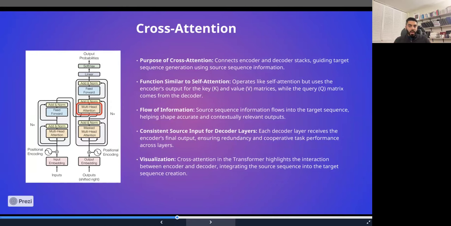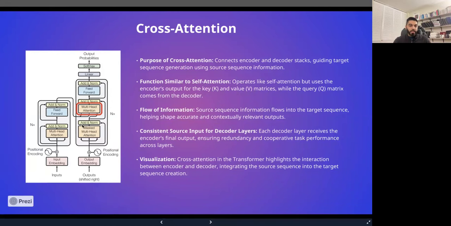So that is the entire guiding principle, the entire concept behind cross-attention. And the way this gets implemented is pretty simple, where the encoder generates key and value vectors, which we just touched upon earlier, right? Those abstractions.